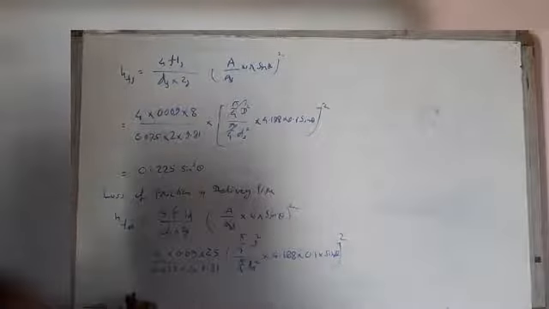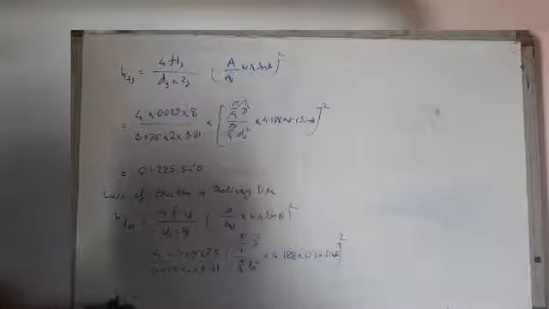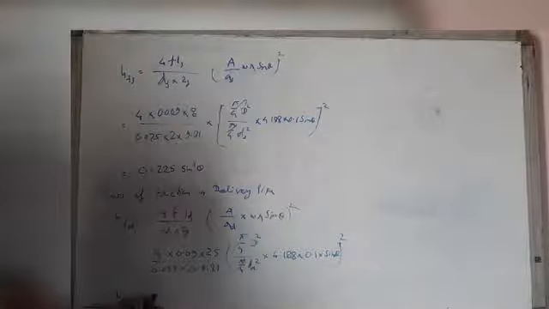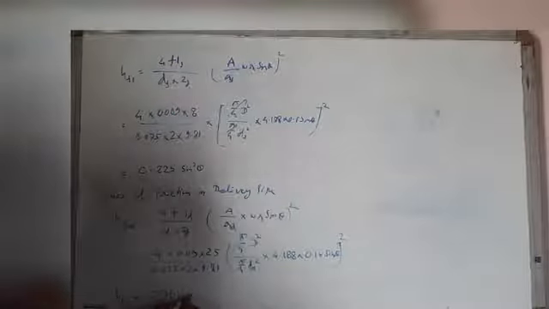Pi by 4 cancel. Now the value of HFD comes 0.703 sin square theta.